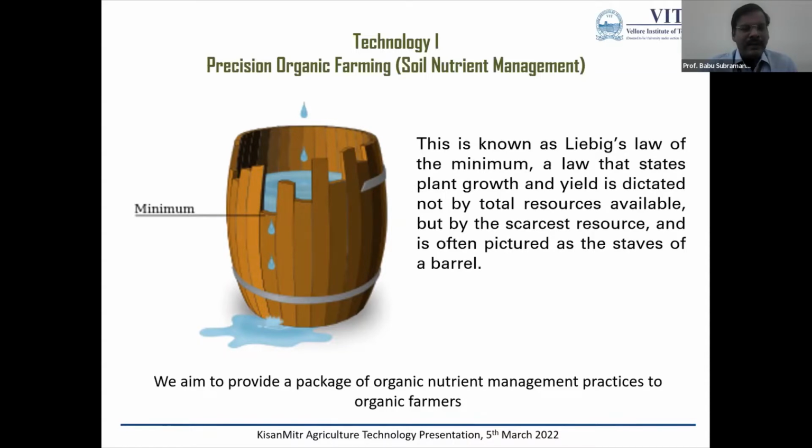And if we repair that particular stave by supplying the required nutrient through a particular manure, the other nutrient which is scarce will affect the yield. Therefore, precision nutrition and the complete nutrition required for the crop is important.